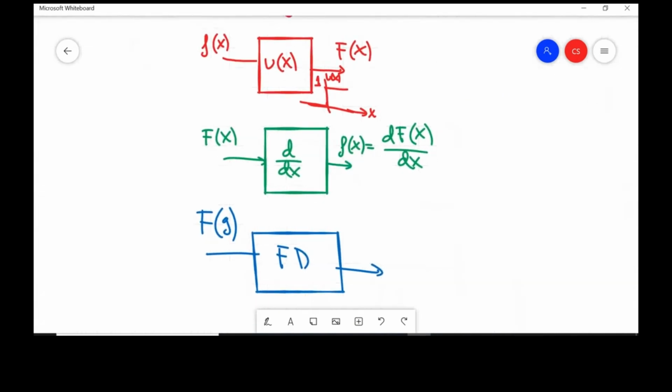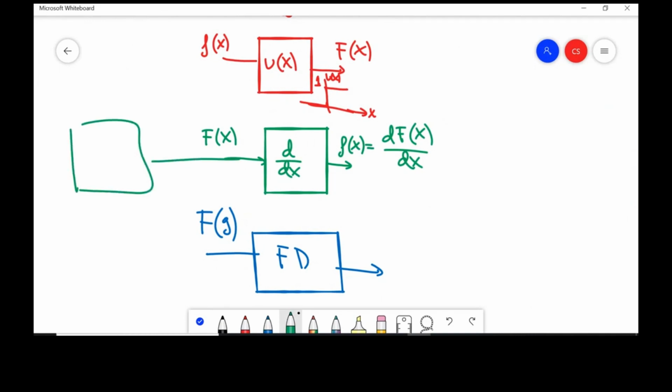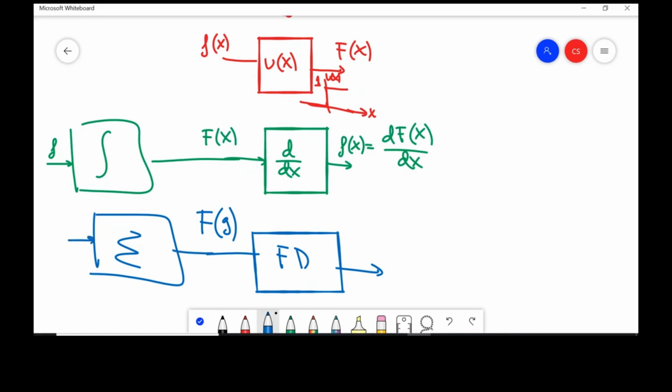Let's say that I have another system that takes f, computes the integral, and produces a capital F, and then if I differentiate, I recover the original one. And we would have the equivalent here for discrete signals. So we would have a summation here, and let's use small letters again.